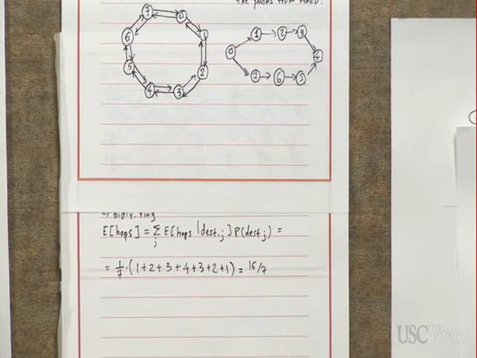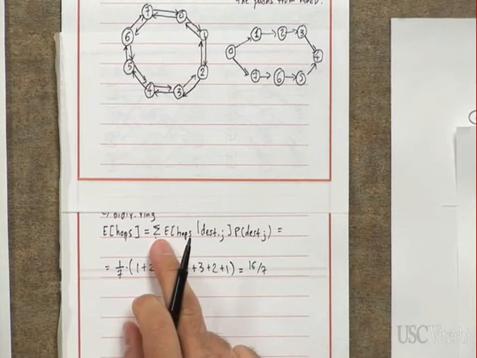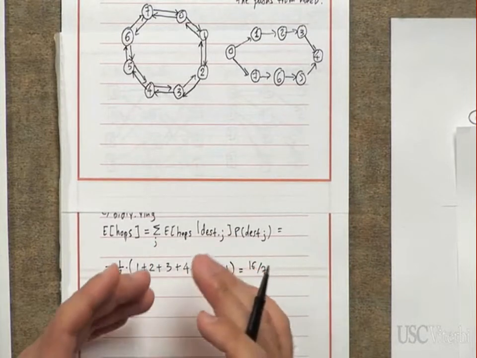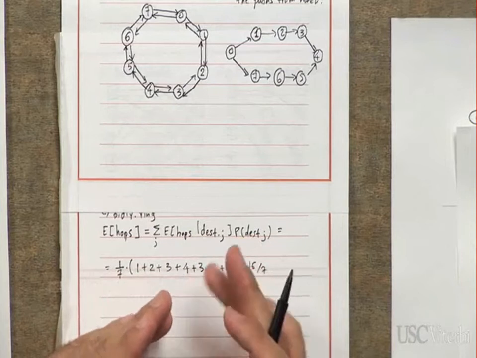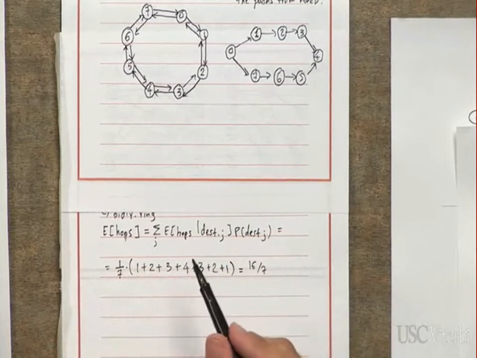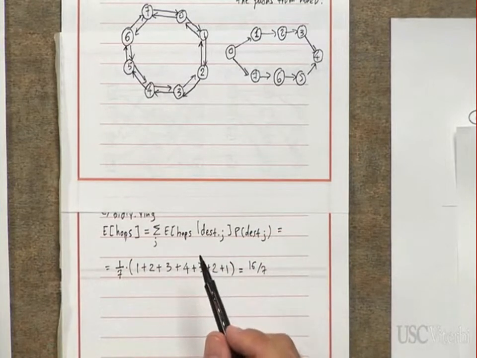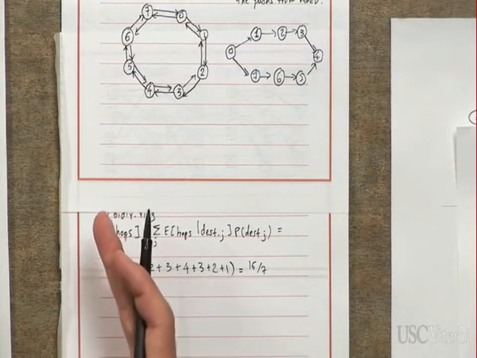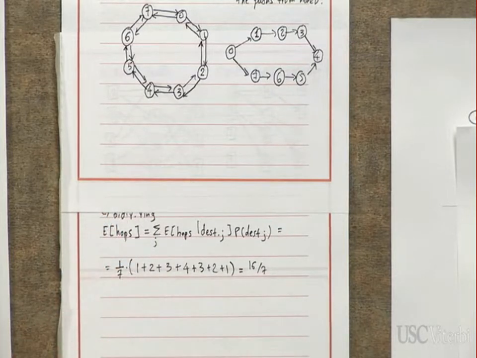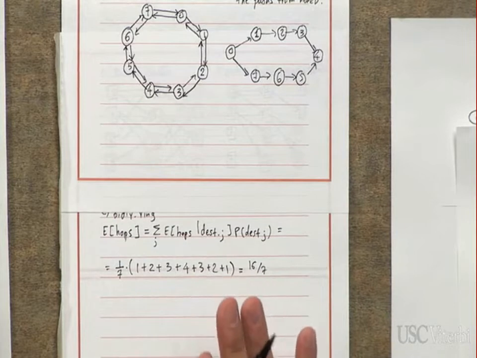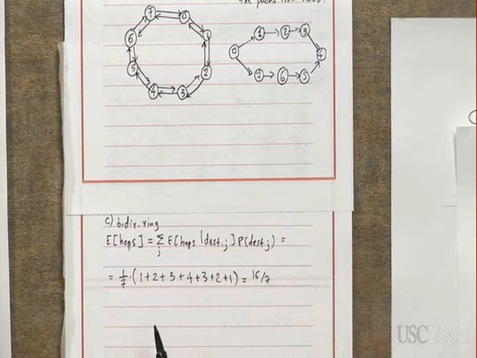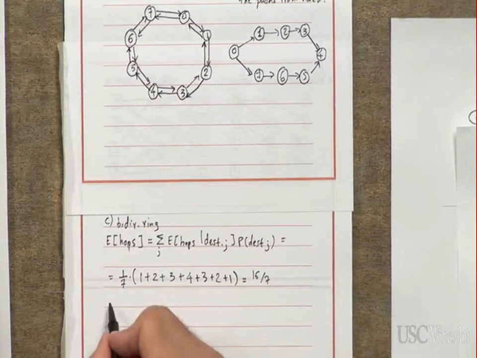Do you agree? I'm giving you this formula just to give you some more intuition of how you can do it theoretically, just to be confident of what we're doing. But essentially, we assume that we start from a given node, we assume some random destination, and then we calculate the expected number of hops for this destination.